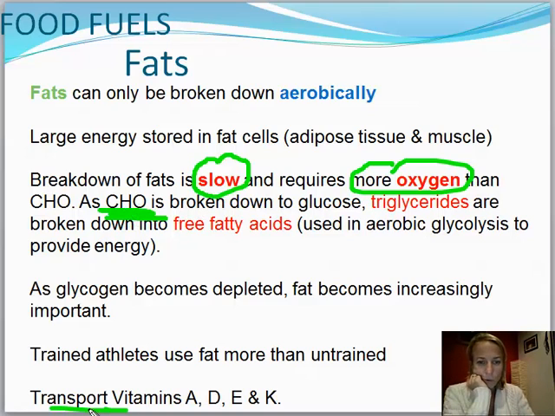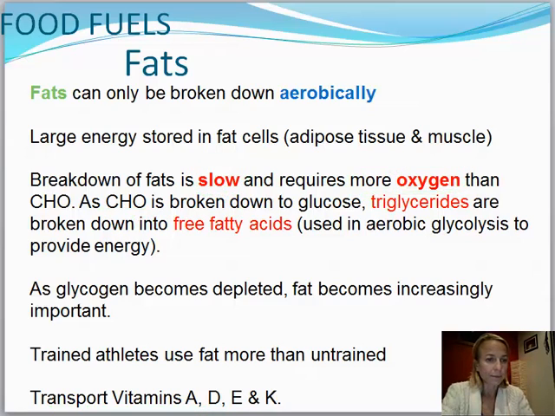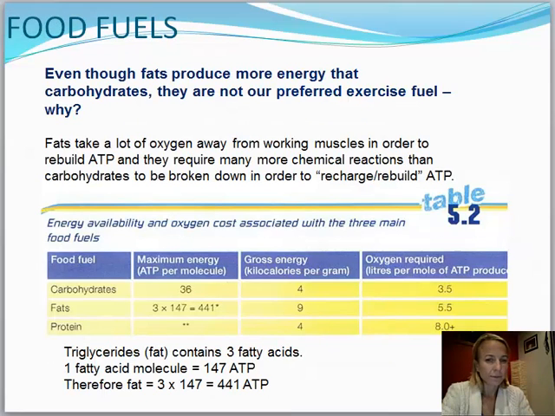Fat is also important for transporting vitamins, which is why it's an important nutrient within our diet. So here is the table that you need to know.